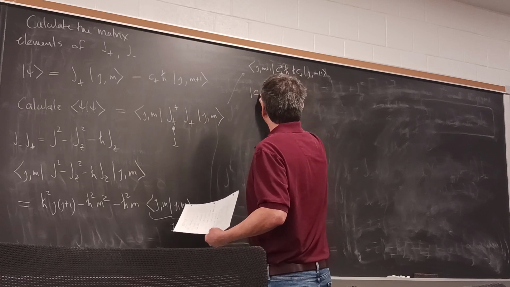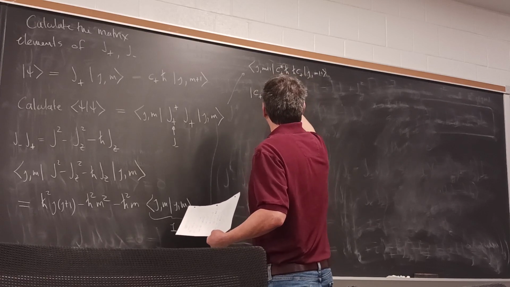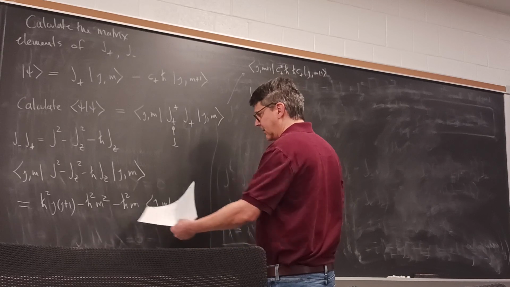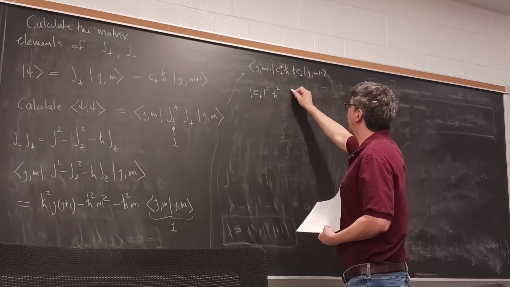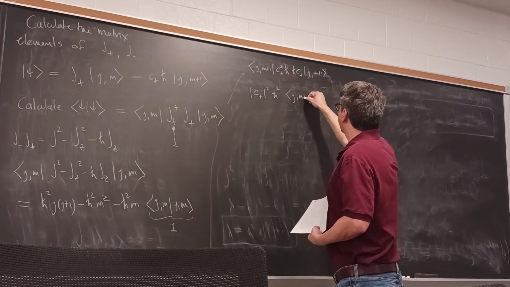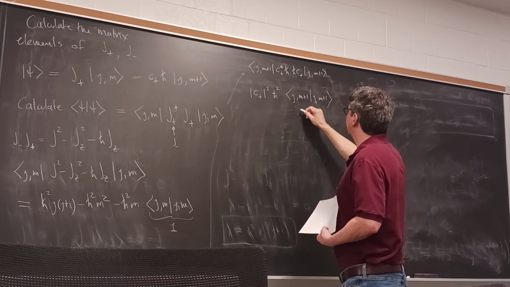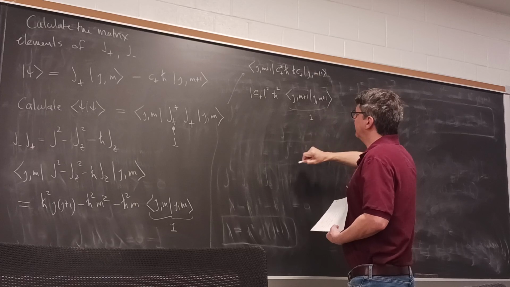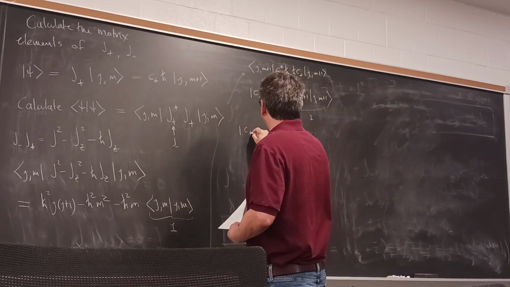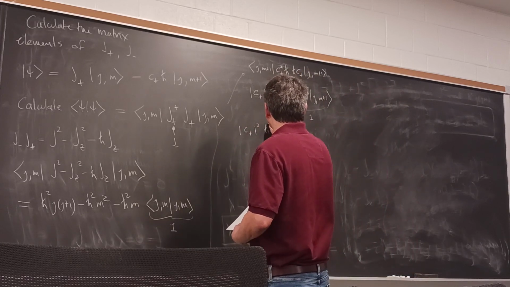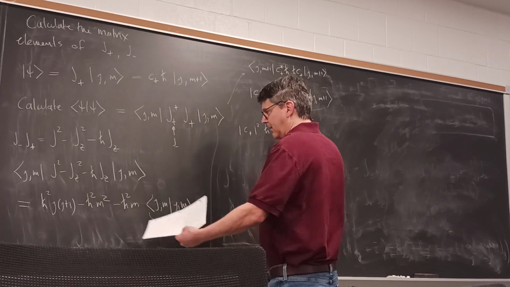So here we'll have the magnitude of C plus squared times h bar squared, and that's equal to this, times J, m plus one, J, m plus one, and this is just one. So we have the magnitude of C plus squared times h bar squared is equal to this.